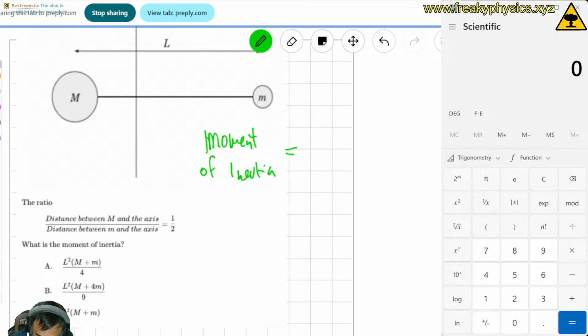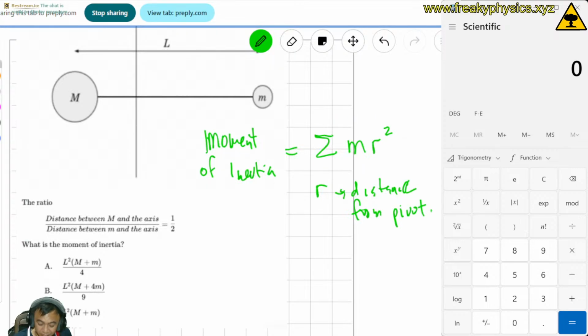By definition, this is just the sum of m times r squared, where r is the distance from the turning point or the pivot. Since you're doing sums, you have to take into account both the actual mass and the individual distances. You cannot use the full distance.